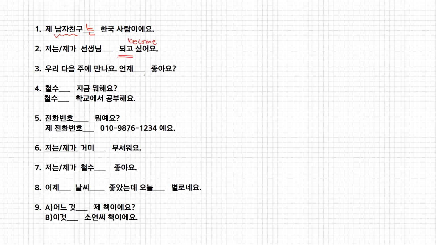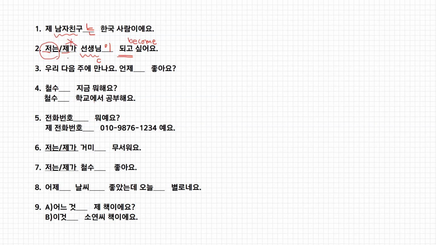I want to be a teacher. 선생님 is the complement. That's why 이 is attached. And the subject 저 is attached with 는. Unless you want to stress the subject, 는 is usually used.